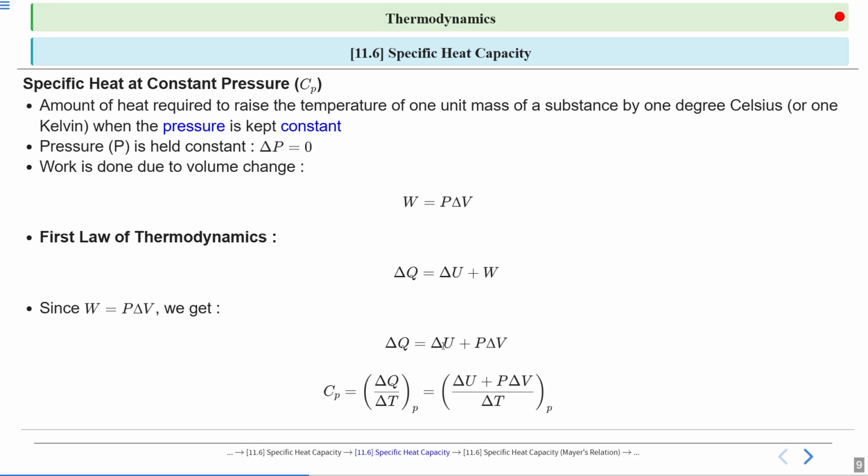But we know Cp is equal to delta Q divided by delta T. This expression comes from delta Q equal to delta U plus P dV. So put the value of delta Q: Cp is delta U plus P delta V divided by delta T at constant pressure.